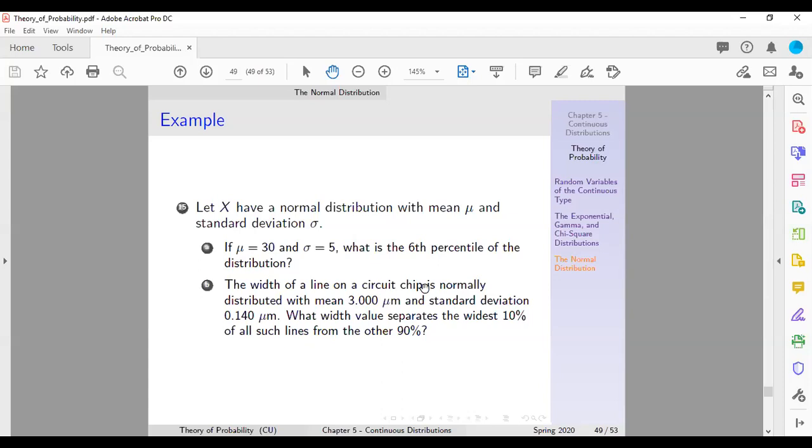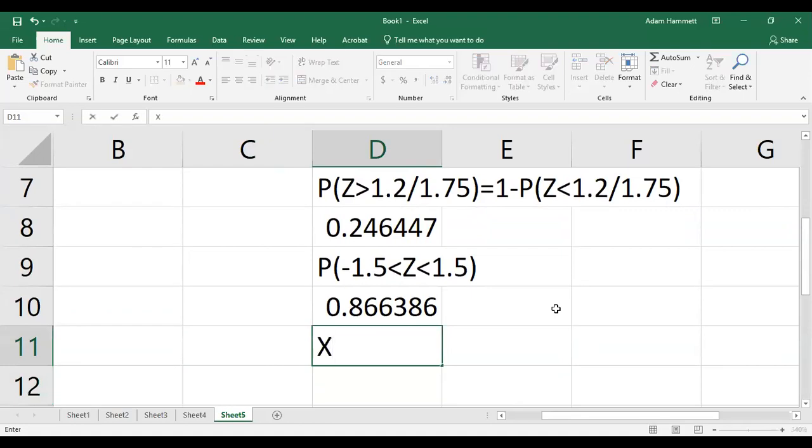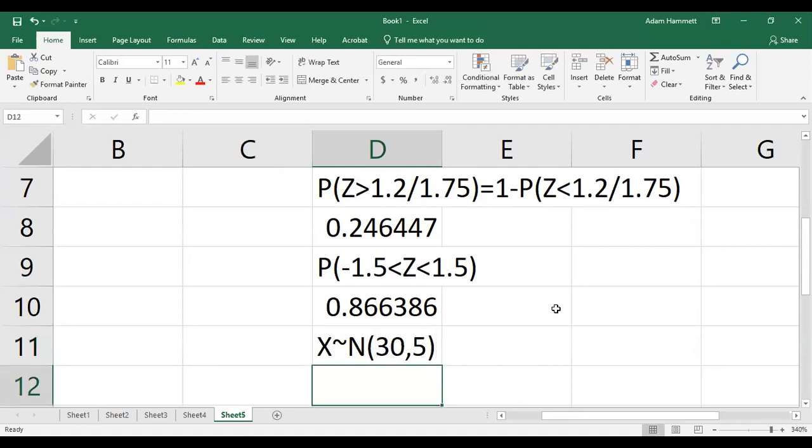Okay, so let's go over into Excel and we'll deal with that. So how do I do it? The first problem, I had an X that was distributed as normal with mean 30 and standard deviation 5, and I wanted the 6th percentile.